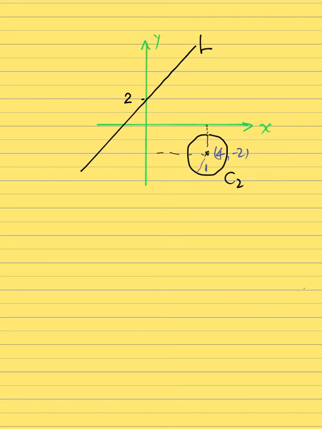The distance between the center (4, negative 2) and the line L can be found by the formula. Okay, let's use the formula.